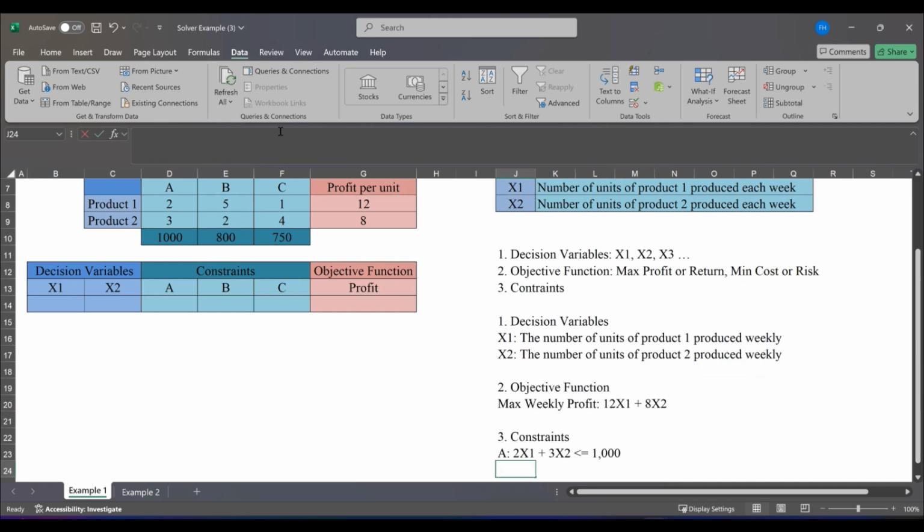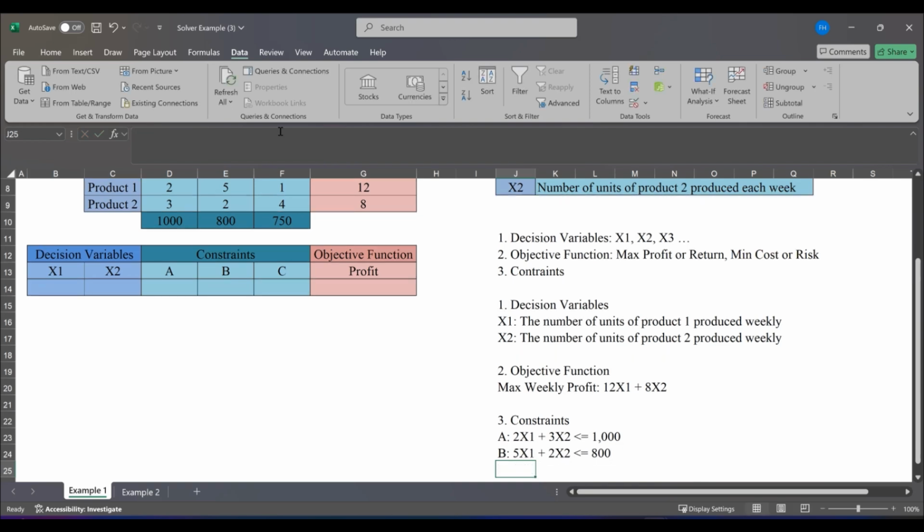Now, for the second raw material, it's going to be the same. So it's going to be 5X1 plus 2X2 less than or equal to 800 units. Now for raw material C, I have X1 plus 4X2 should be less than or equal to 750.